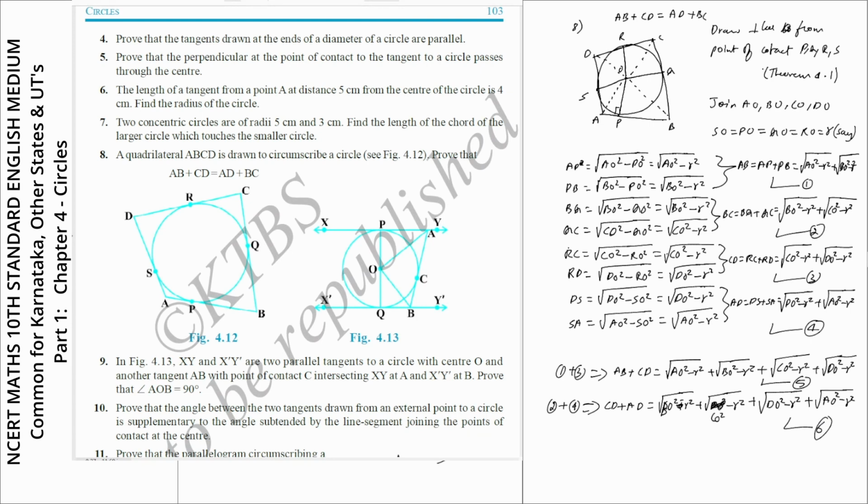Now if you compare 5 and 6, we get AB plus CD is equal to BC plus AD. The right hand side of equation 5 and the right hand side of equation 6 are both the same. Therefore AB plus CD is equal to BC plus AD.